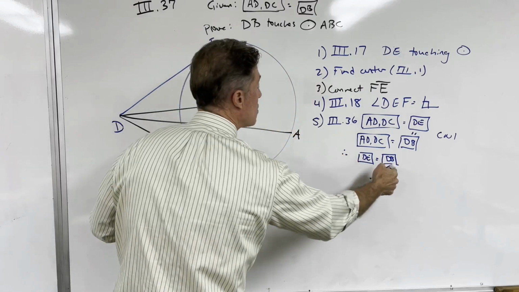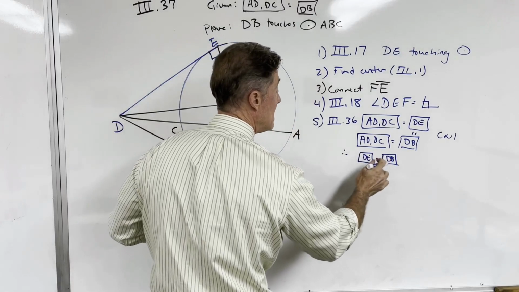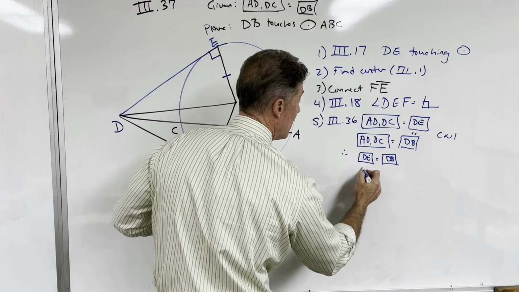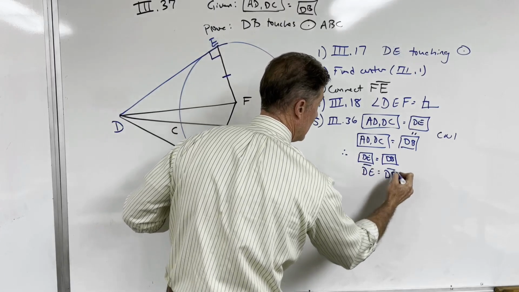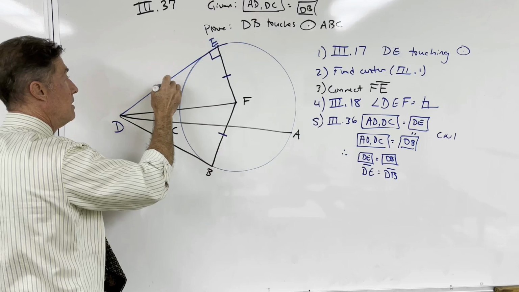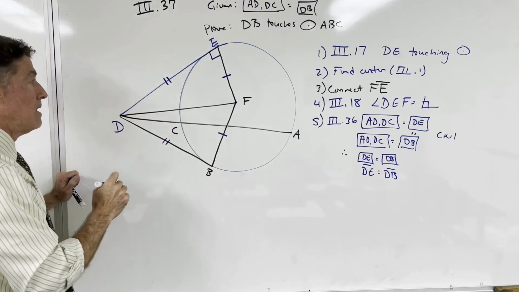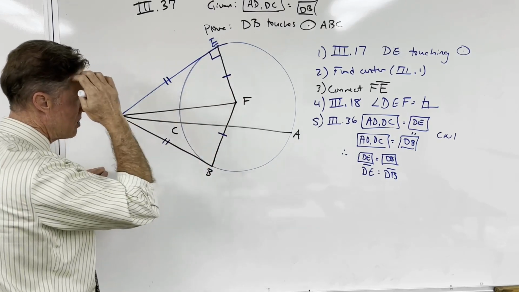Well, we can unsquare these, right? If the squares are equal, that means each of these sides must be equal. Therefore, we can say that the side DE is equal to the side DB. So we can say that this is equal to this. And as I mentioned, these radii are equal because all radii in the same circle are equal.